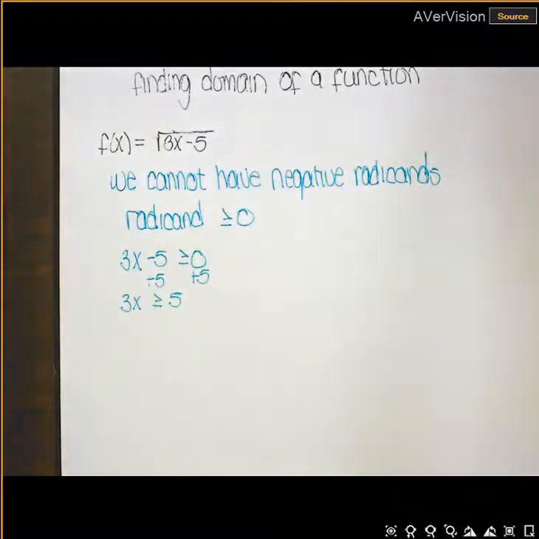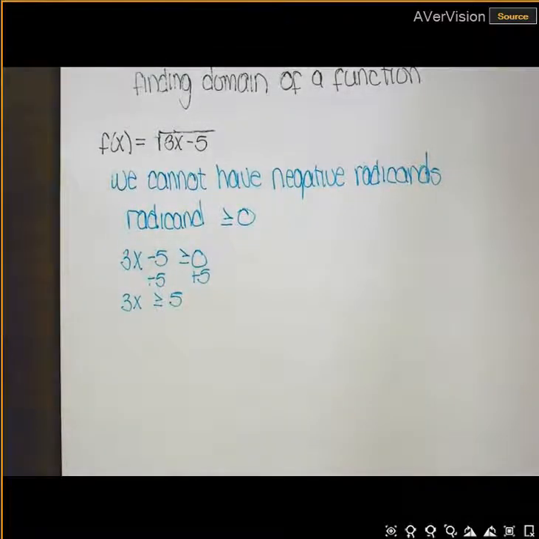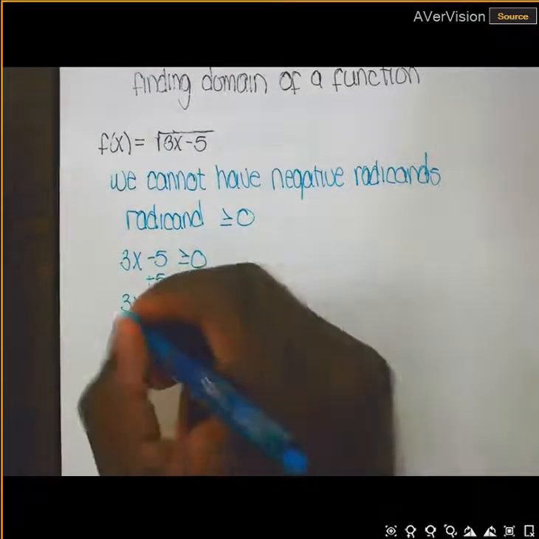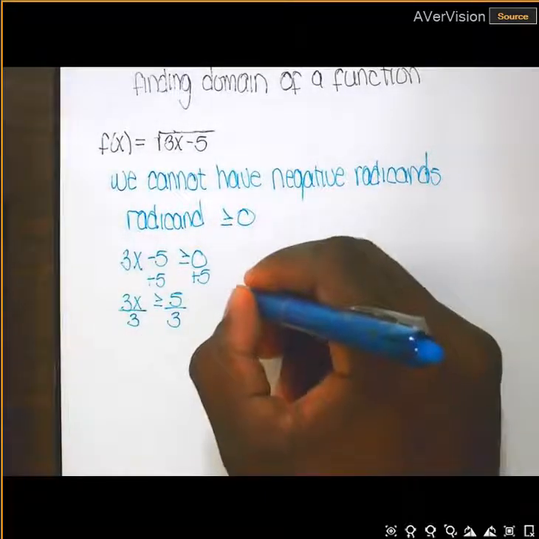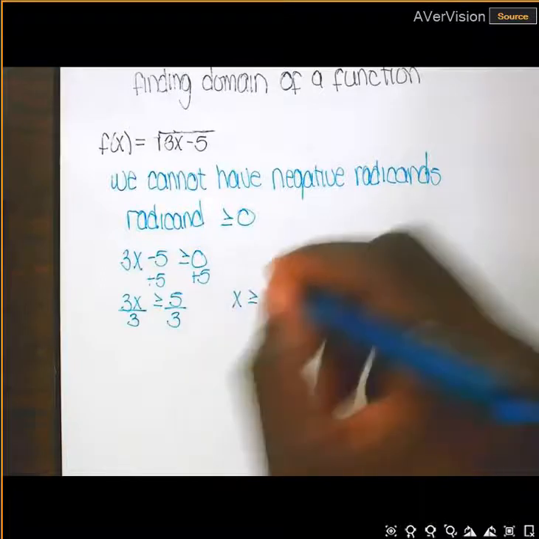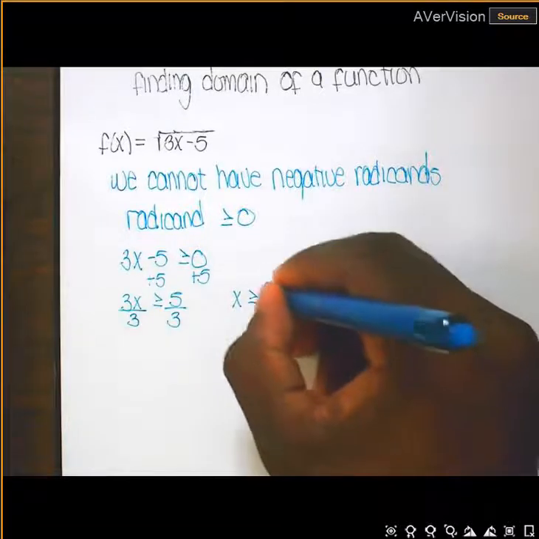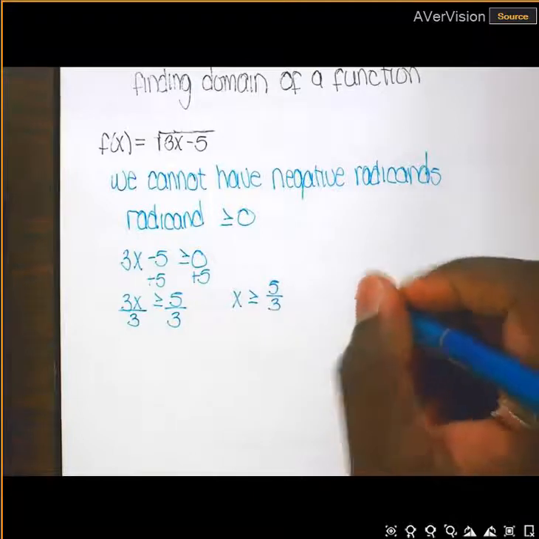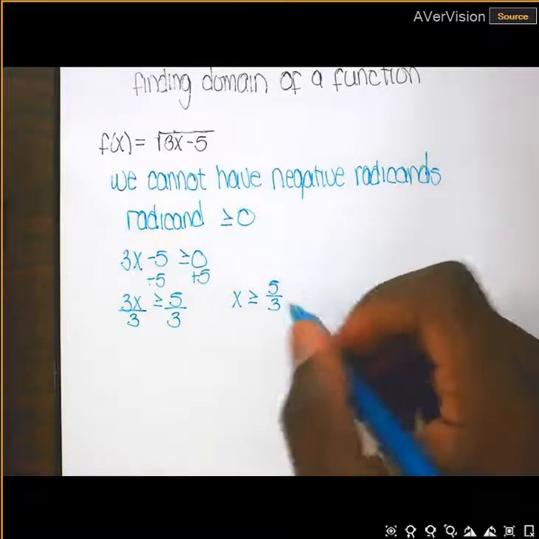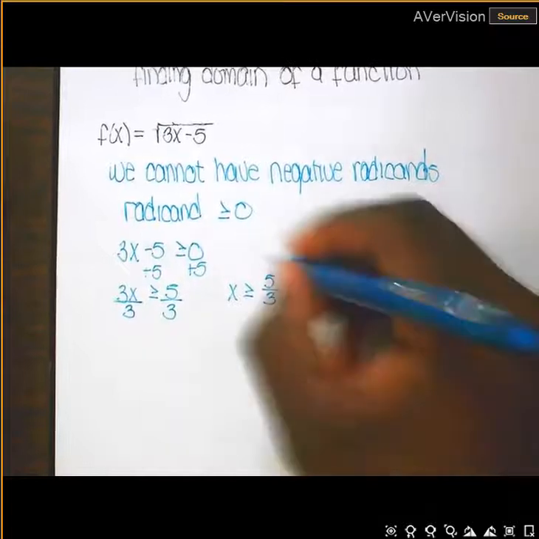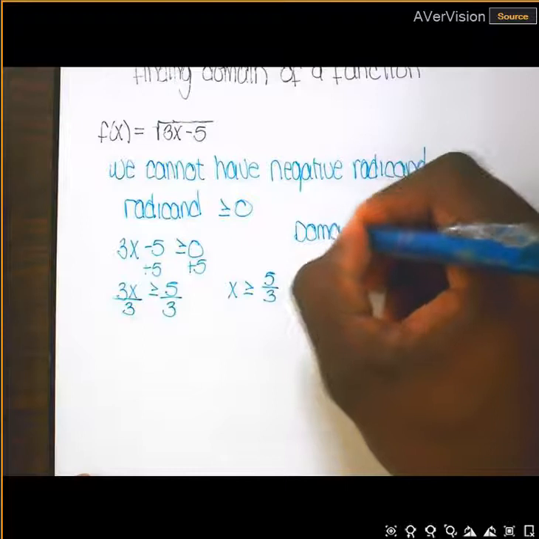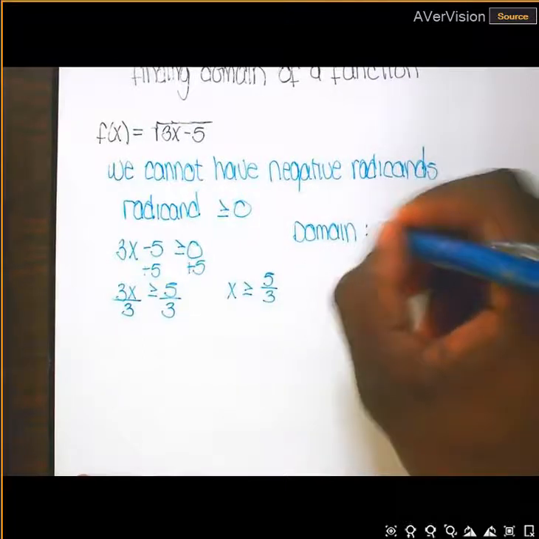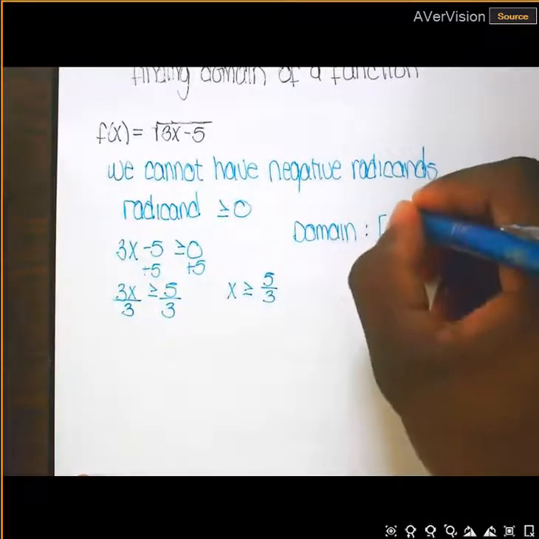Okay. And we get x is greater than or equal to 5 over 3. So our domain is going to be everything greater than or equal to 5 over 3.